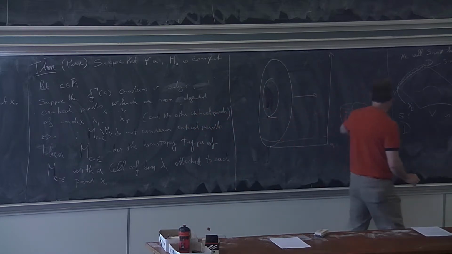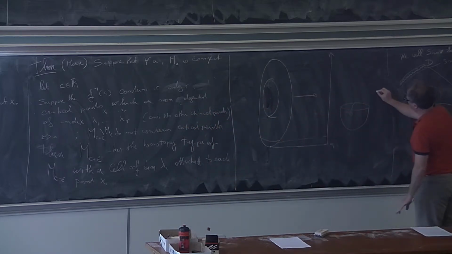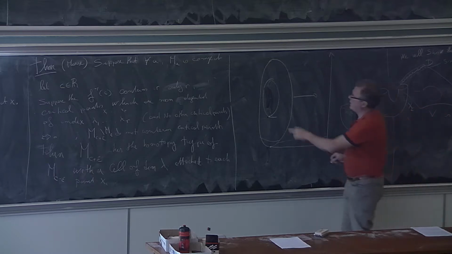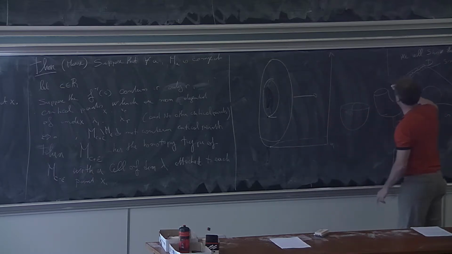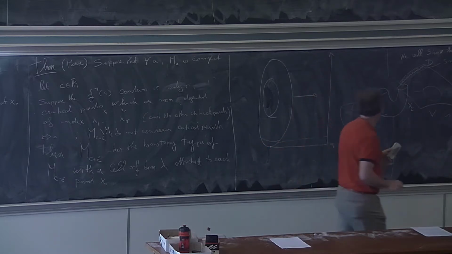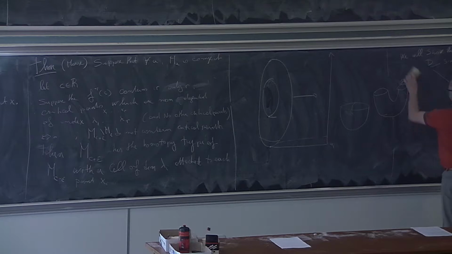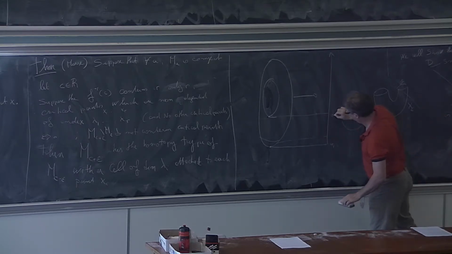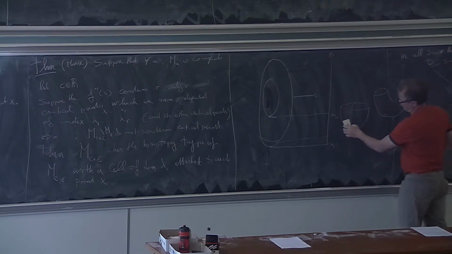This is homotopically equivalent to this, because you can increase this thing. And when you arrive here, it becomes so here. So this is what happens in alpha 2.